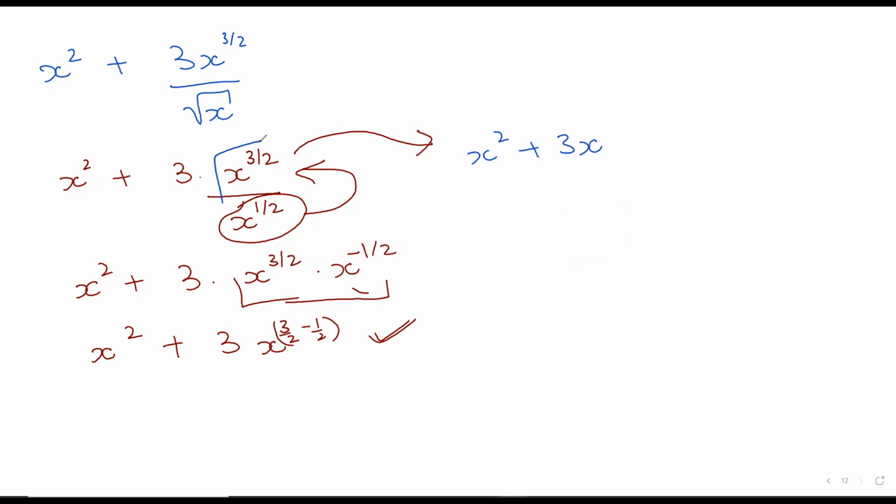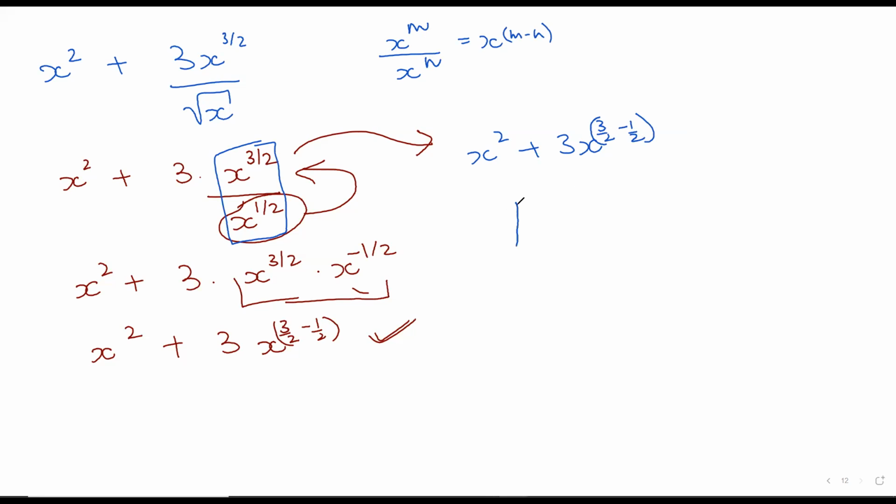Now, this is x to the power m by x to the power n. So it is x to the power 3 by 2. And this becomes x to the power m minus n, right? So 3 by 2 minus 1 by 2. So you could have just skipped one step and done it from here as well, like Mridula was saying.